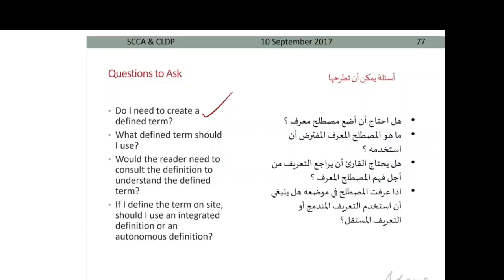When you use an autonomous definition, you're telling the reader, read this, and then read this separate autonomous definition. So you're breaking up the reading. And an integrated definition, the parenthetical, creates a bit of clutter in a contract. And then all those initial capitals make a contract harder to read. So you have to decide whether the value of a defined term exceeds the cost.